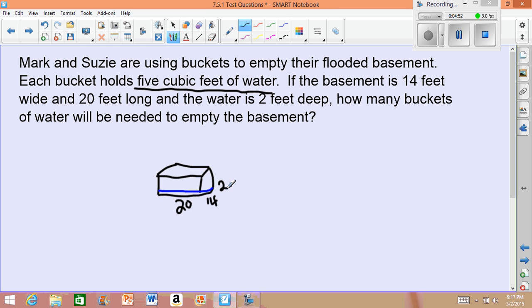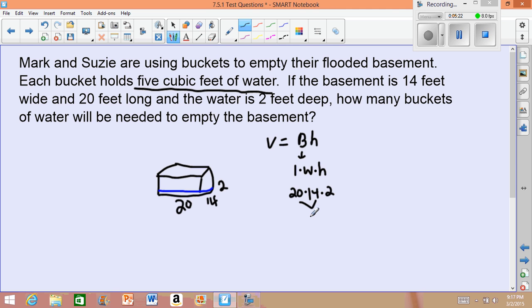I had a lot of students figure this out. We have a rectangular prism, so volume equals big B times H. Our base is a rectangle, so we have length times width times height. So I have 20 times 14 times 2. You can multiply these in any order that you want.